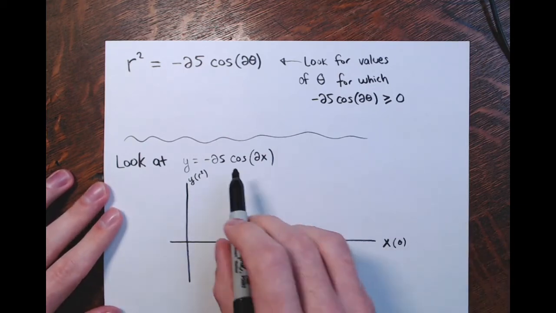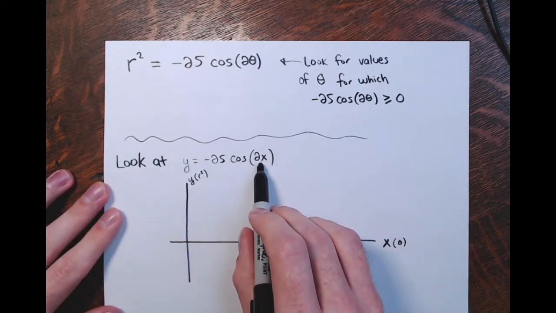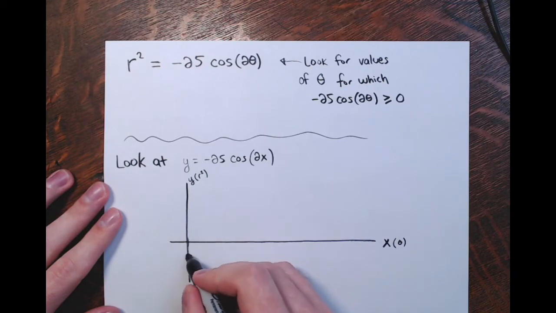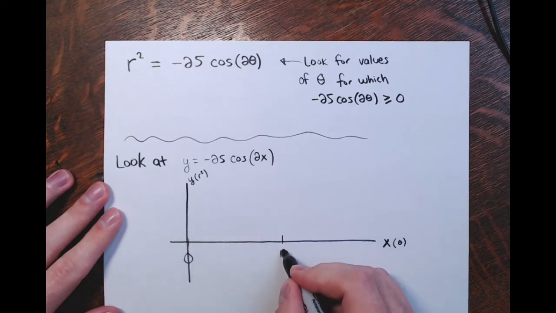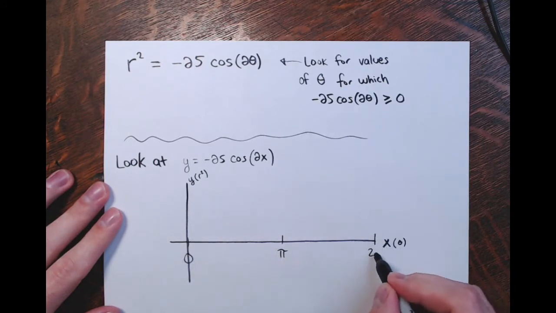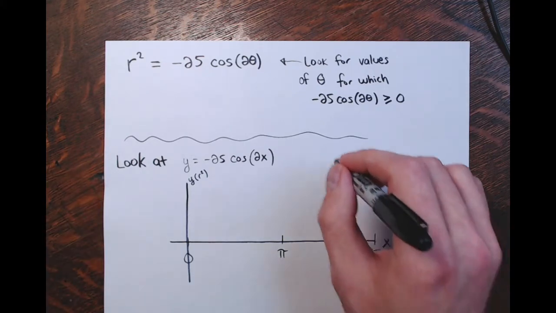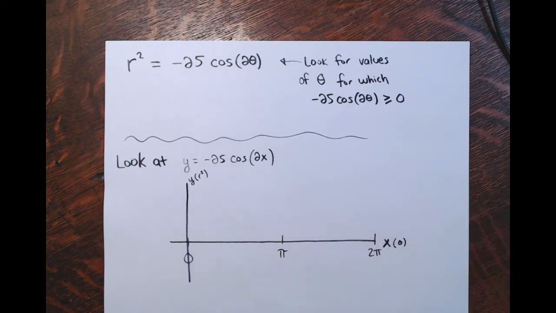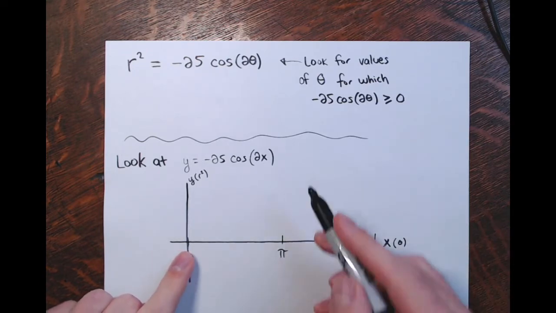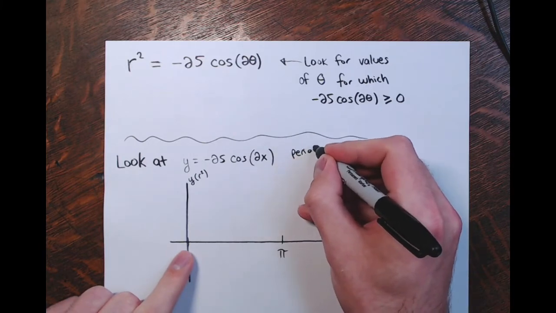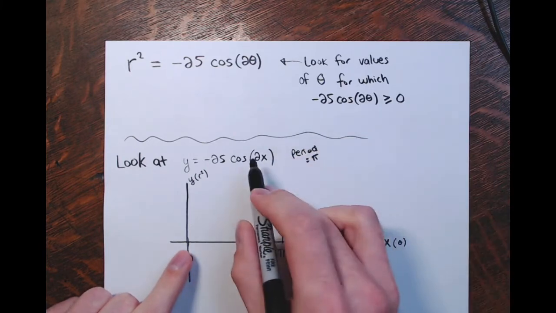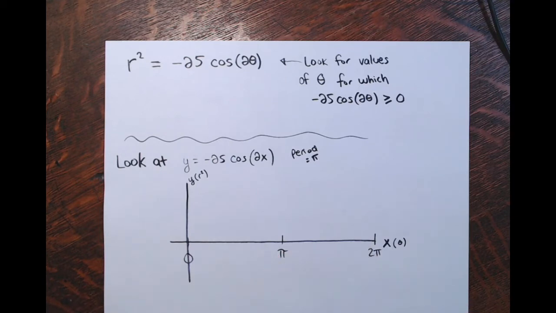If I was graphing this, the period of this would be pi. So from 0 to pi here, and I'll draw two of them, because when we go to graph on the polar grid, I want to go all the way around the polar grid, so I'd like to have this to 2 pi. The period is pi though, so whatever I graph from 0 to pi is just going to be repeated from pi to 2 pi.